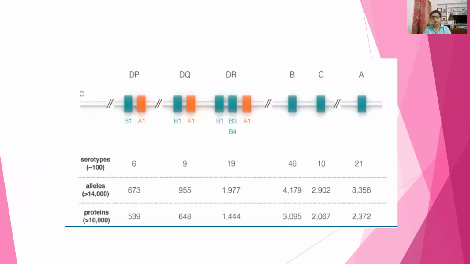I skipped this slide. So this figure tells us कि if we are doing the serotypes, we are only getting कोई भी एक locus ले लेते हैं जैसे DP, तो DP पे हमें केवल 6 प्रकार के serotypes मिल रहे हैं. But अगर हमने high resolution किया तो we are getting 673 types. यानी जिसको हमने एक माना था. अगर if we are getting only 6 types of serotypes, तो we can easily match this person to this person. 6 ही variable है. लेकिन actually में कितने 673 and 673 to date.